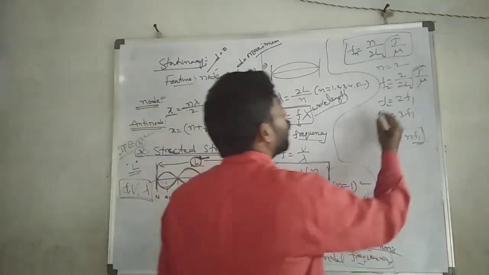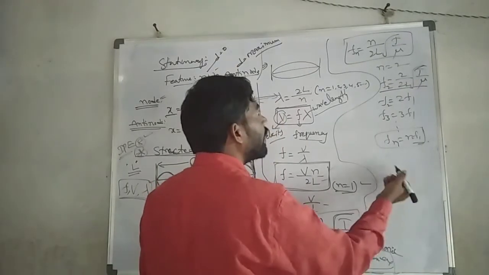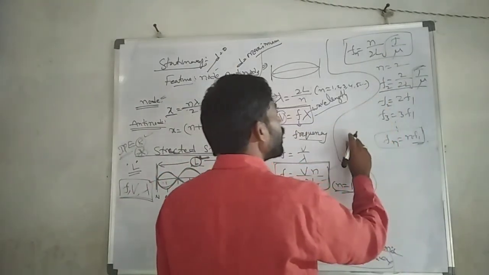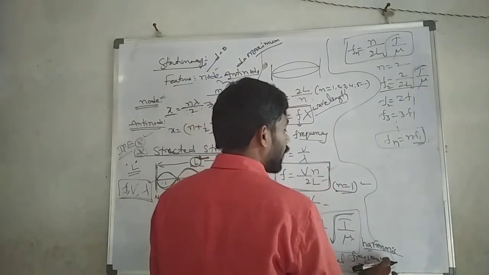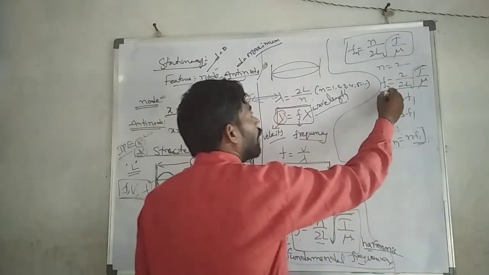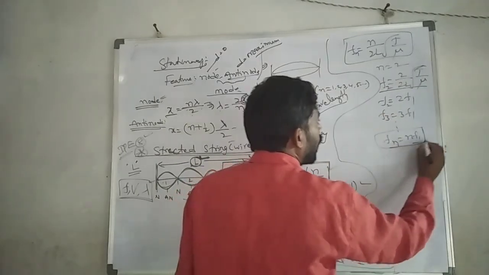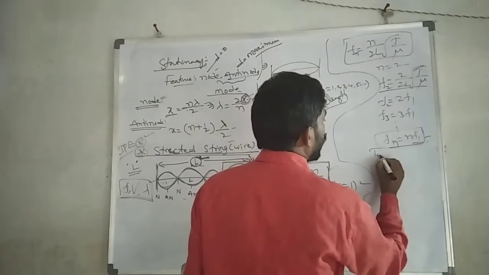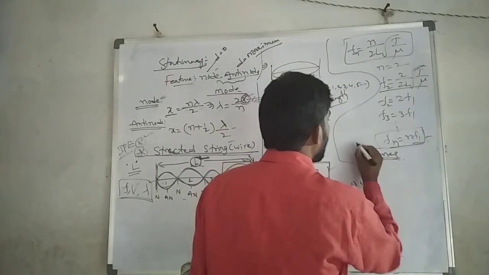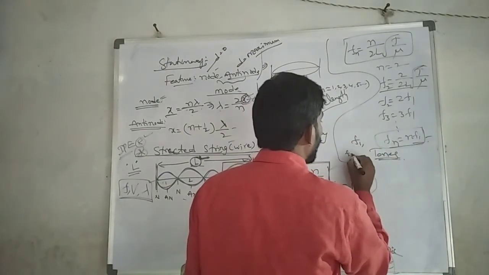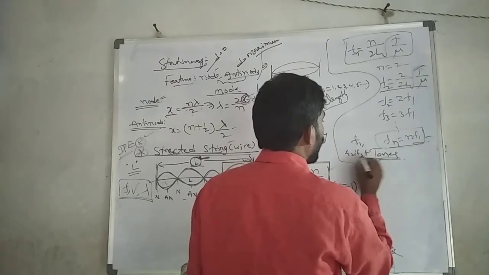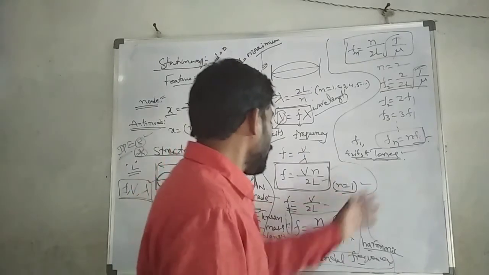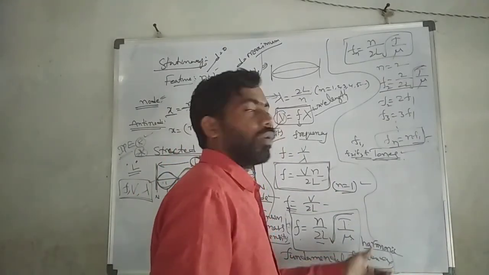F2 we call the secondary harmonic or secondary frequency. Except F1, the others, F2, F3 and F4, we call overtones. Tones means everything except the primary frequency or primary harmonic.